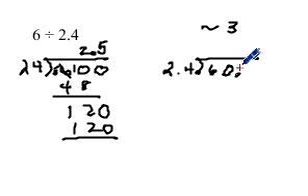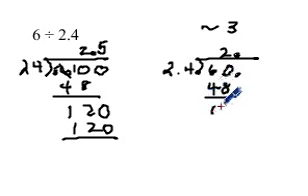Now I'm going to move this decimal place up right here. It's going to move right up top in the same place value area as it is down here. Now I can continue my division. 24 into 60, and I know from previously doing this over here that this is going to result like this.